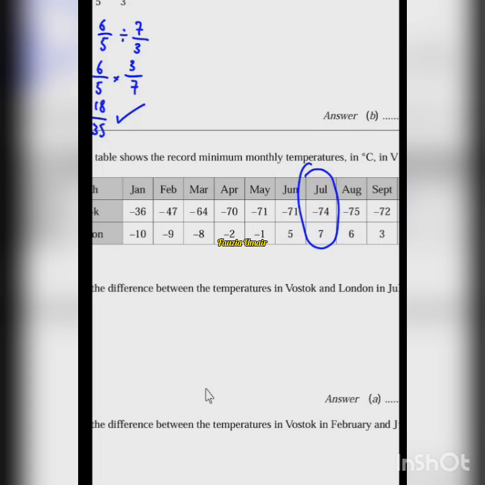Shahir, what do you think? Minus 67 degrees Celsius. All right. What do others think? What is the difference between the two? Shahir is saying minus 67 is the answer.